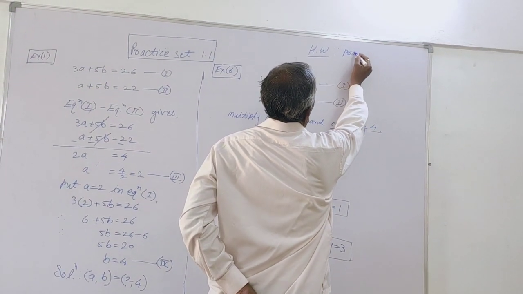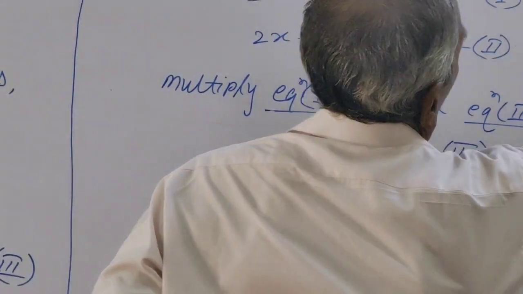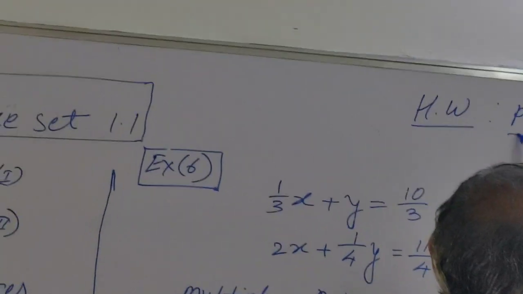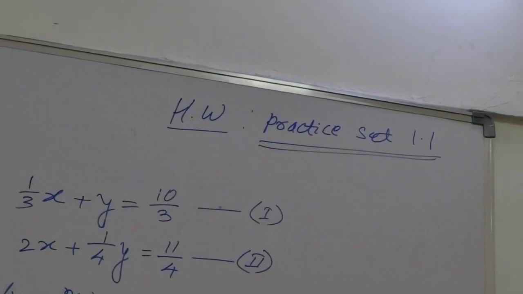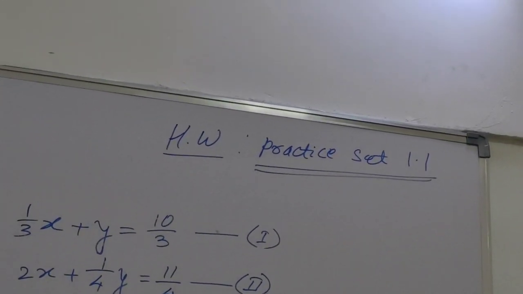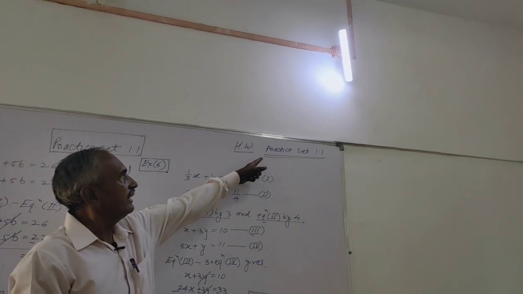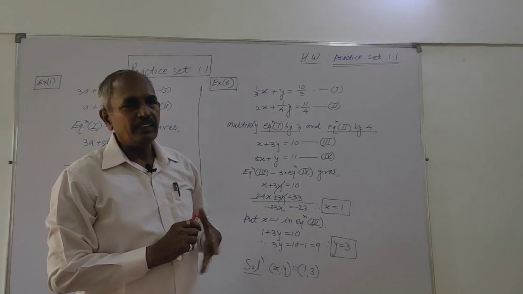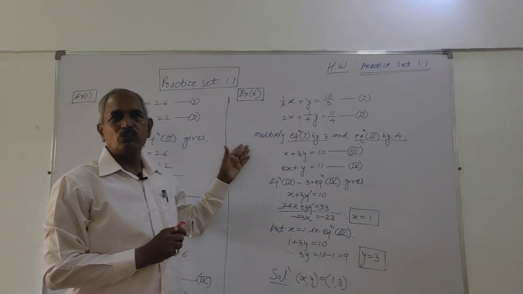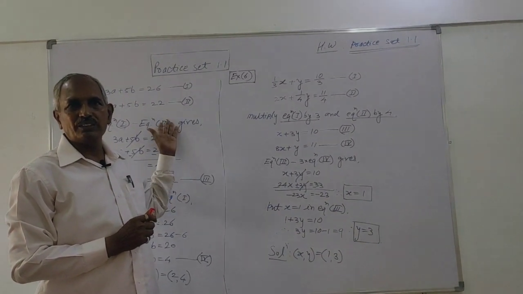So I will give you homework: practice set 1.1. This practice set you will solve in your notebook, including these two examples. I think you will be in a position to solve all the examples in this practice set if you don't have any doubt in these two examples.